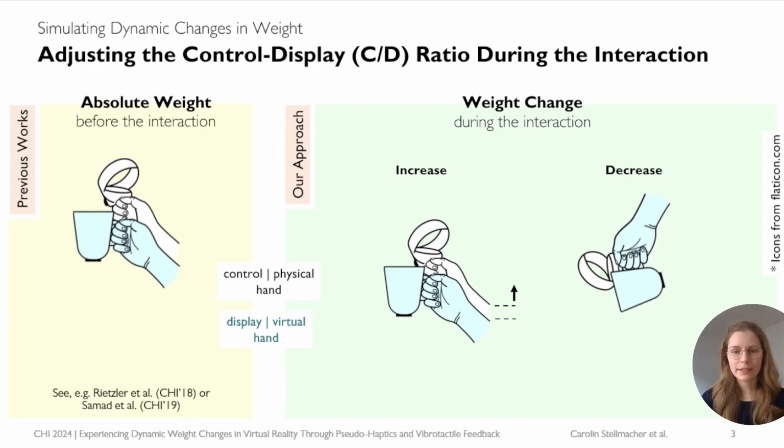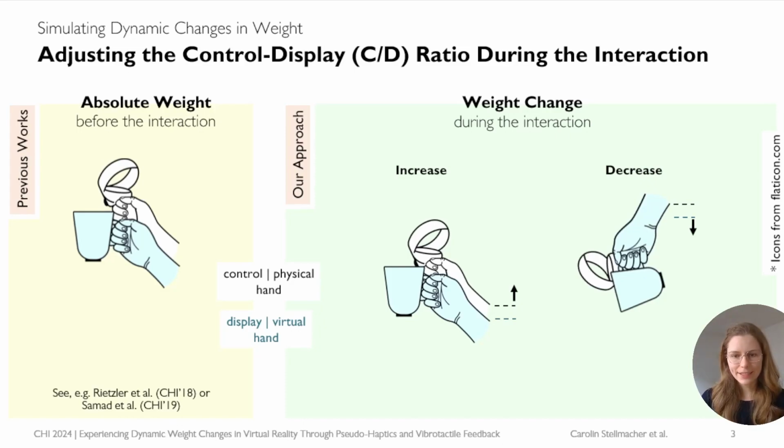And the expected adjustment of the arm posture here would result in a physical downward movement of the arm to again compensate and stabilize the mug at its original position in VR. The lower lift means less strain on the muscles and might induce an illusion of a decreasing weight.